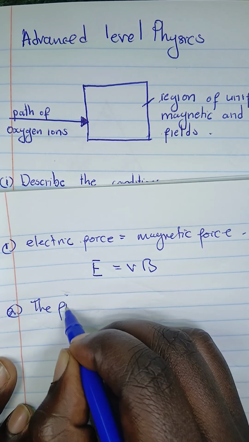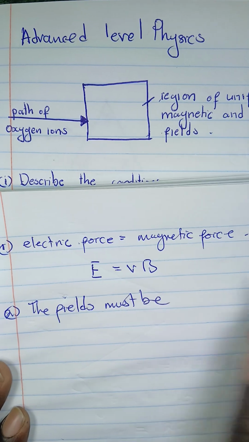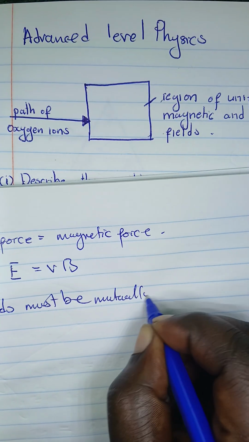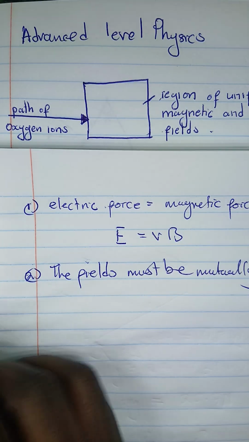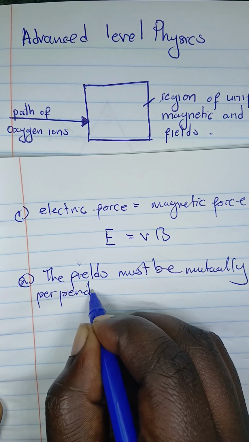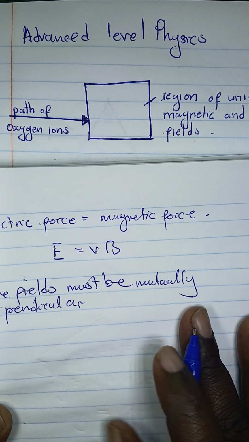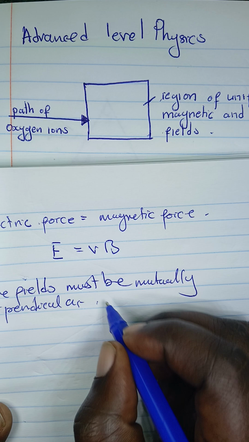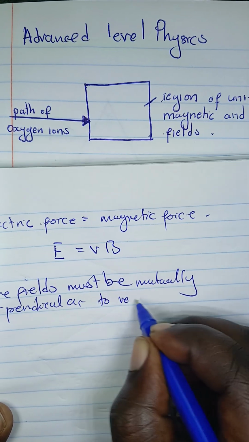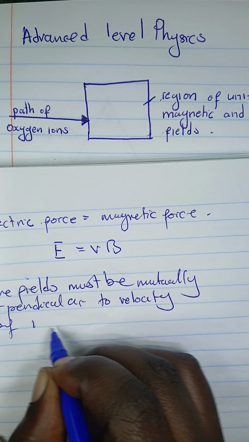the fields must be mutually perpendicular to velocity of ion.